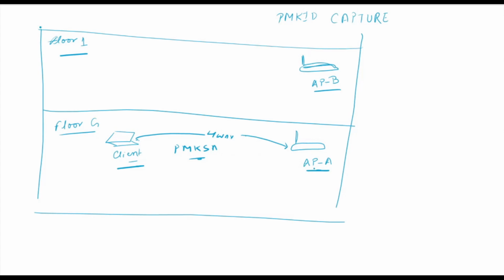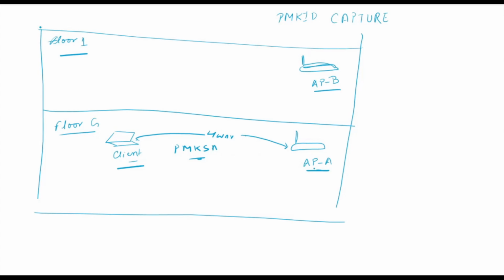You need to understand that you have to enable the feature of PMKSA caching, PMKID caching. Generally, residential Wi-Fi does not enable this feature. So this feature is mostly enabled by IT companies or big organizations where the location has multiple floors and multiple areas to cover.